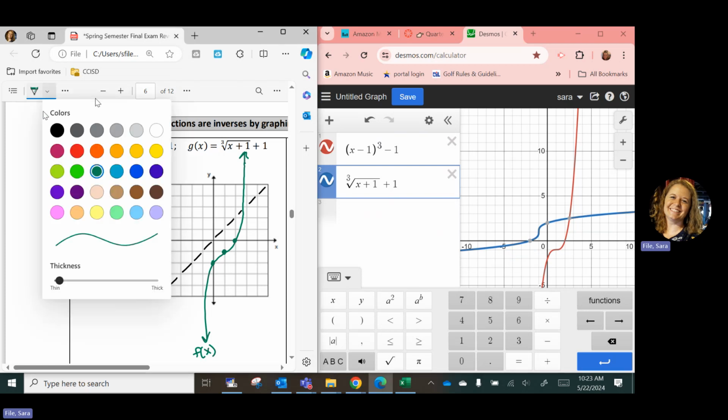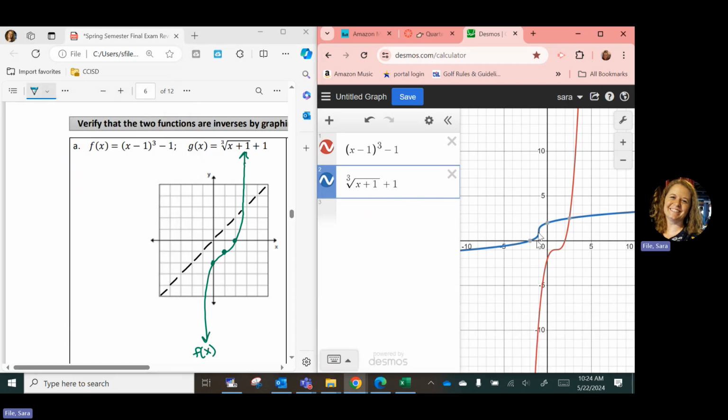So let me get blue this time. And I can see that the point of inflection here is at -1, 1. So I'll start there. Okay, and there's a point at 0, 2 and -2, 0.